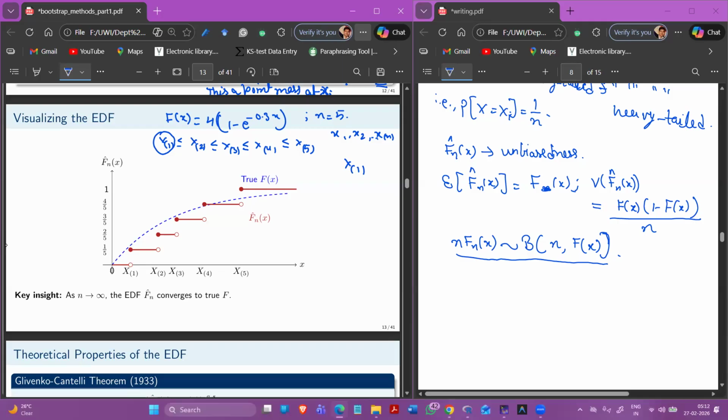It doesn't mean that this is the first bulb. It can be any bulb, but this is the lowest observed value. That is the meaning of that. And why are we going to sort them in order here?